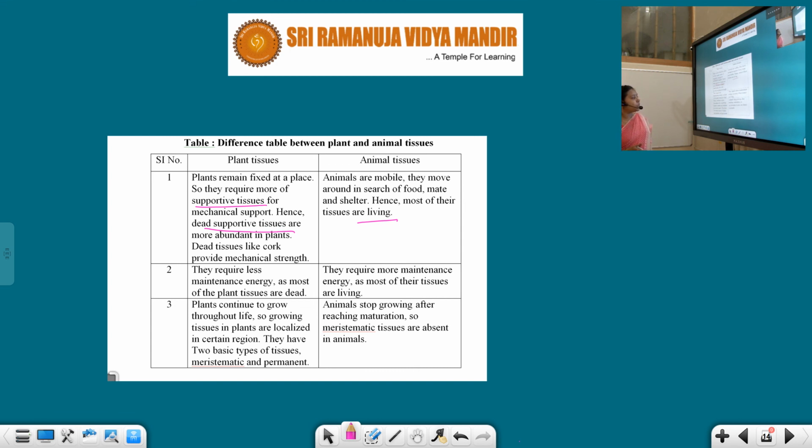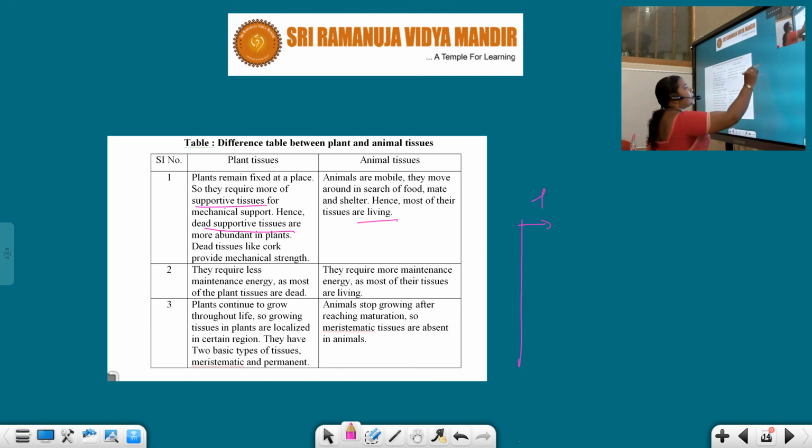Next, third point: plants continue to grow throughout life. So growing tissues in the plants are localized in certain regions. They have two basic types of tissues, meristematic and permanent tissue. One more important fact is that growth is a continuous process in the case of plants.